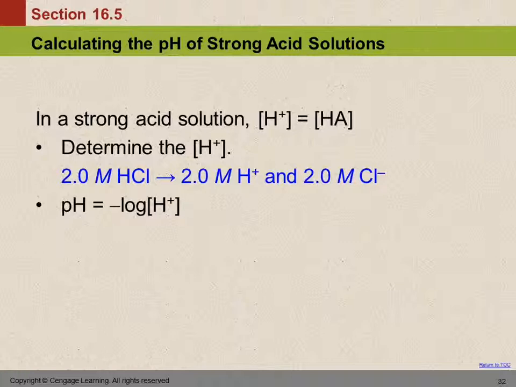If we have 2 molar hydrogen ion concentration, then what's the pH going to be? Well, it's going to be the negative log of 2. I need a calculator.